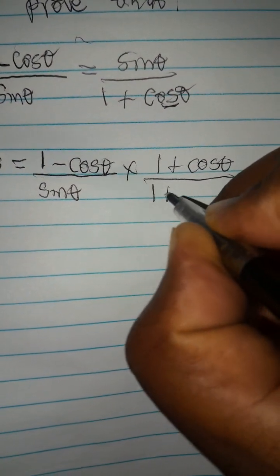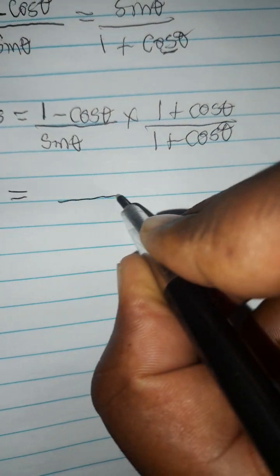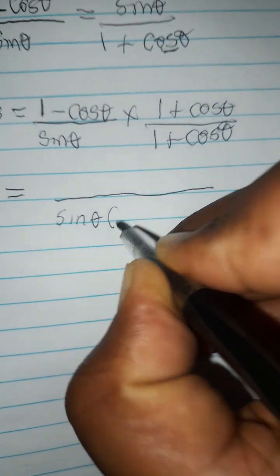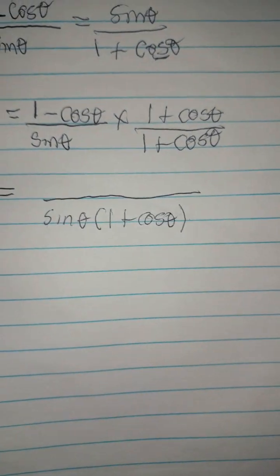I hope you are getting me, right? So from here, let me start with an LCD, multiply there: sine theta and 1 plus cos theta in the denominators.